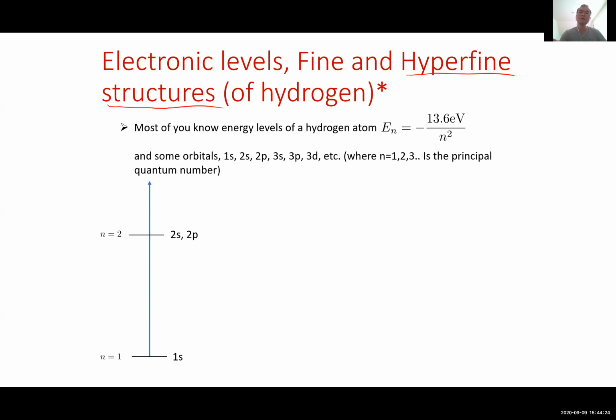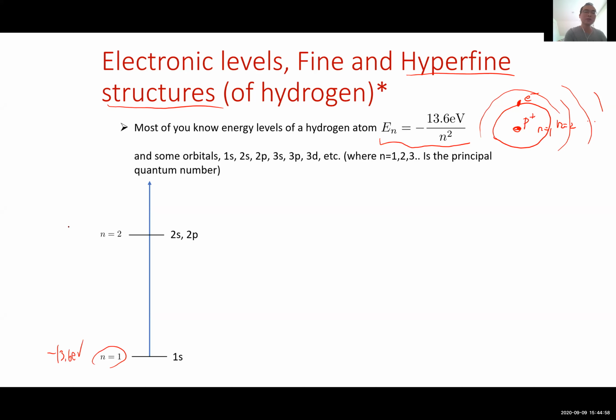So you all know hydrogen, proton, and electron. This is the simplest Bohr model. Electron orbiting and has energy level like this, right? Minus 13.6 eV over n squared. So n is sort of the levels here, n equal to 1, equal to 2, etc. I'm showing here vertically, this is minus 13.6 eV.